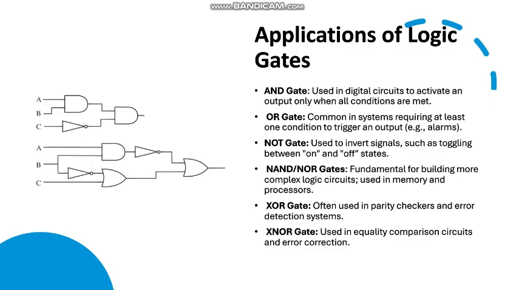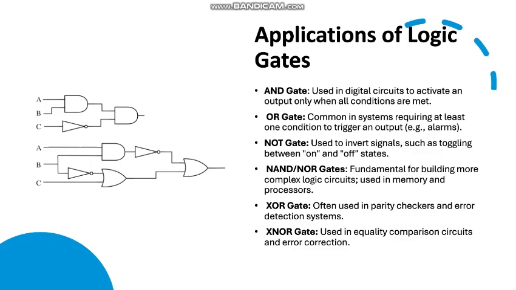NAND and NOR gates are fundamental for building more complex logic circuits used in memory and processors. XOR gates are often used in parity checkers and error detection systems. XNOR gates are used in equality comparison circuits and error correction.